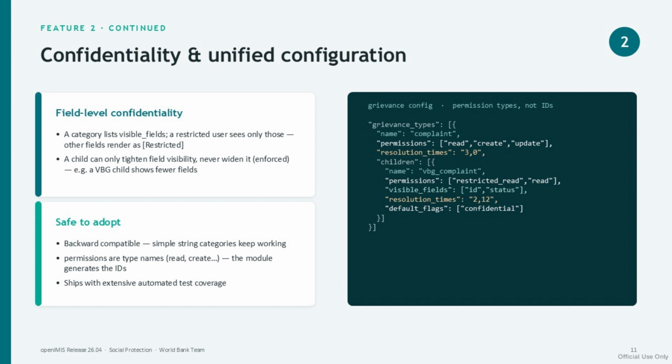So for the migration, we ensure that existing configuration for the grievance module still applies. So you have backward compatibility, and the permissions are versioned by name, so you can easily configure that in the module configuration.